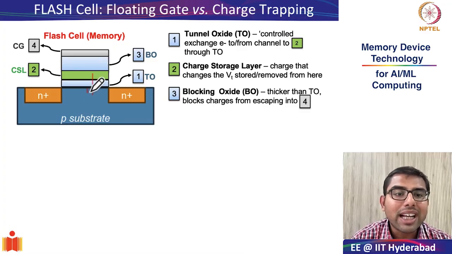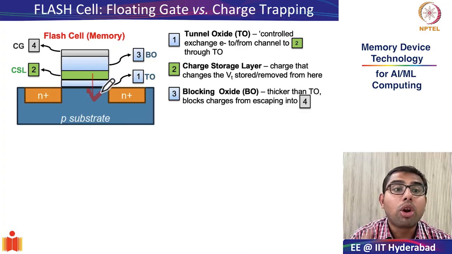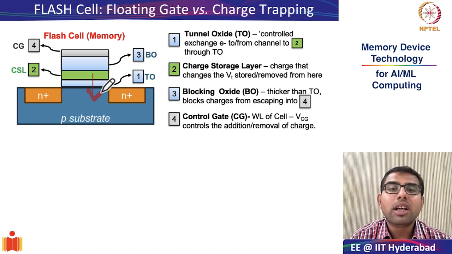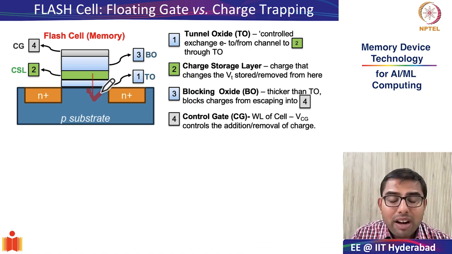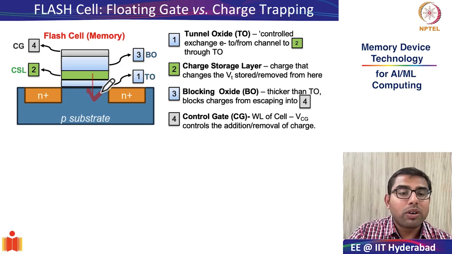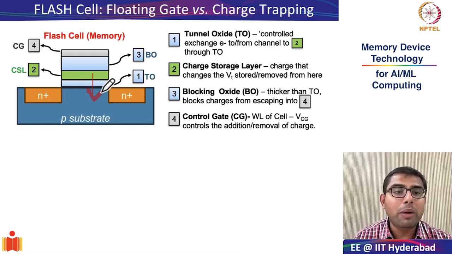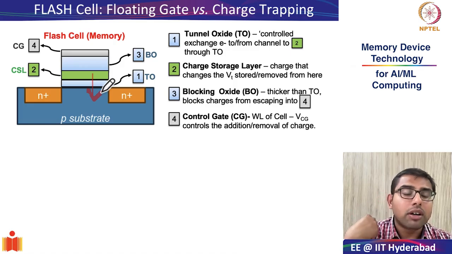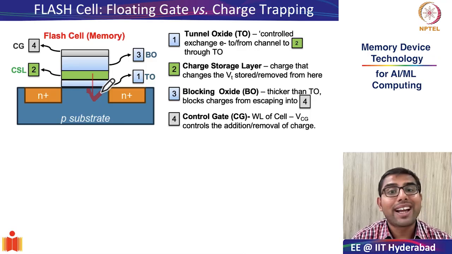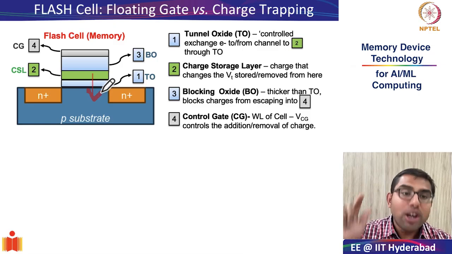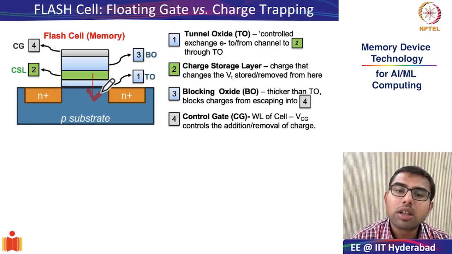The only interaction direction is from the channel, not from the control gate. And finally, the control gate will be connected to the word line of your array, and this control gate determines the different operating mechanisms. That means the voltage on the control gate will finally determine whether charges will be injected into the charge storage layer or out of it.